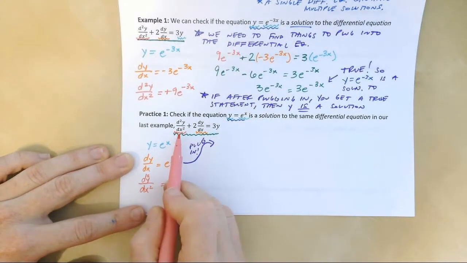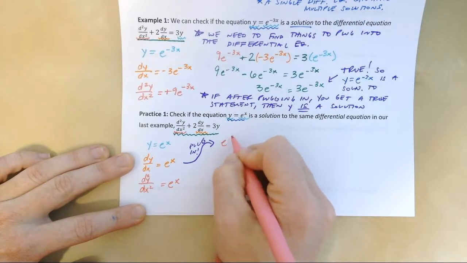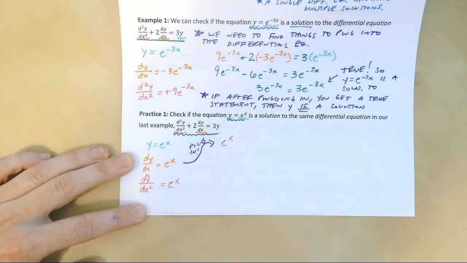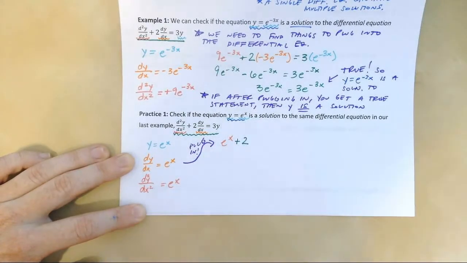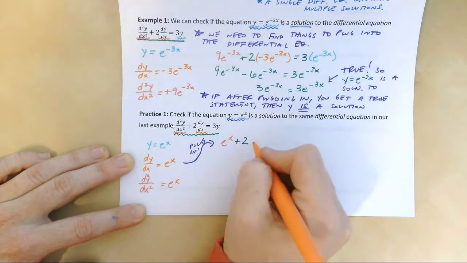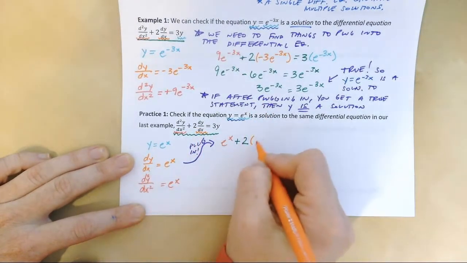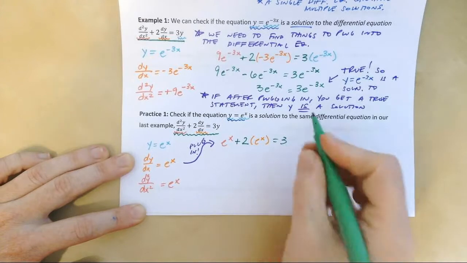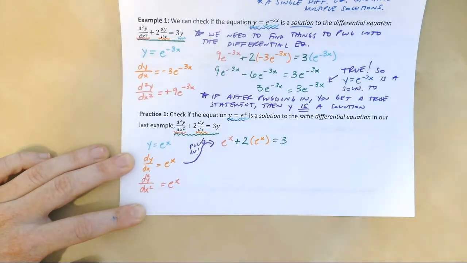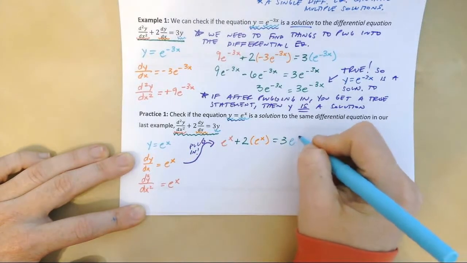The first thing that shows up is the second derivative. We got e to the x, so let's plug in e to the x. The next thing that we have is plus 2, and then times the derivative of y, which is also e to the x, and then we have equals 3 times y. This y was e to the x.